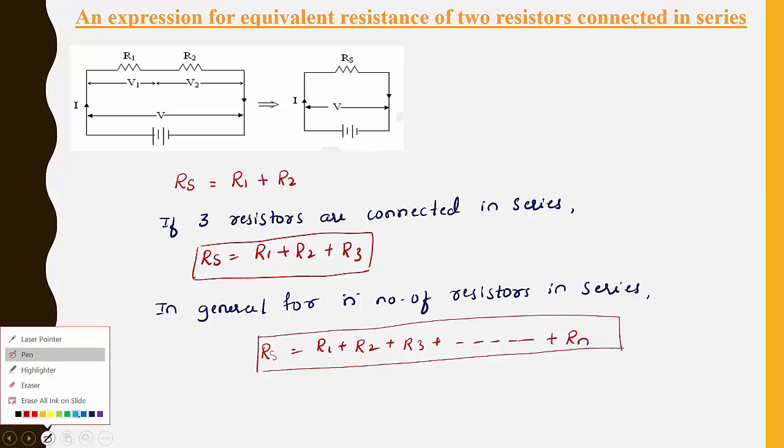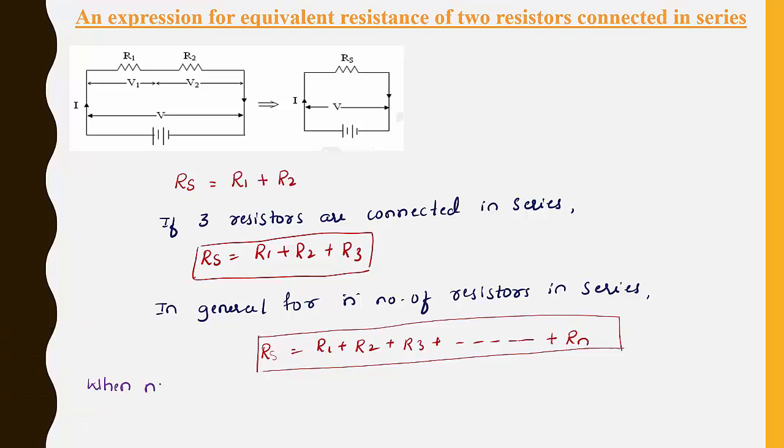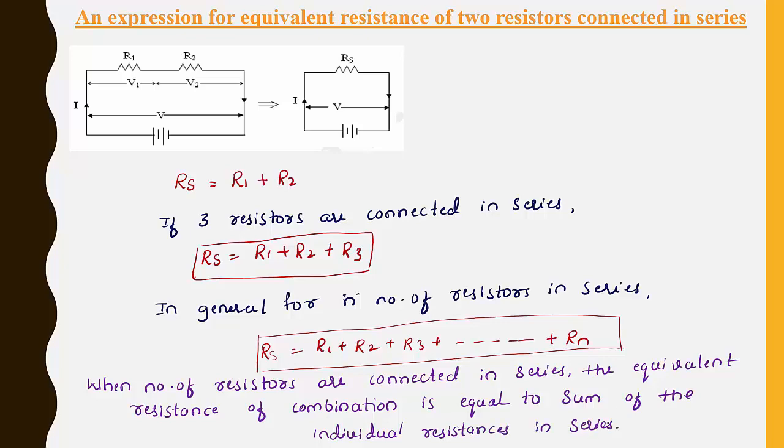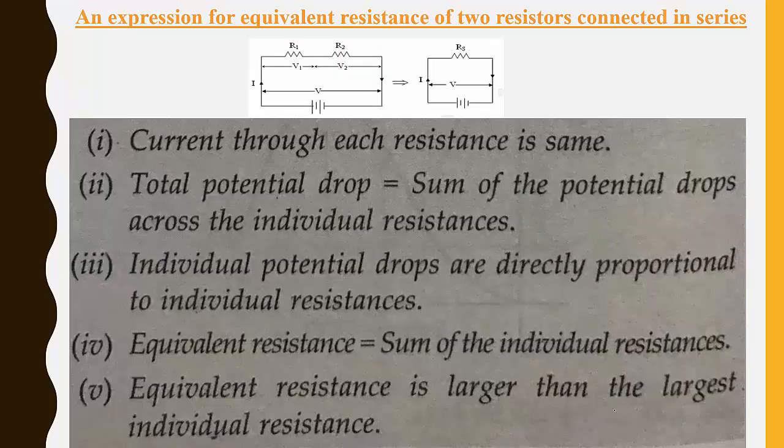When a number of resistors are connected in series, then the equivalent resistance of the combination is equal to the sum of the individual resistances in series. Right?